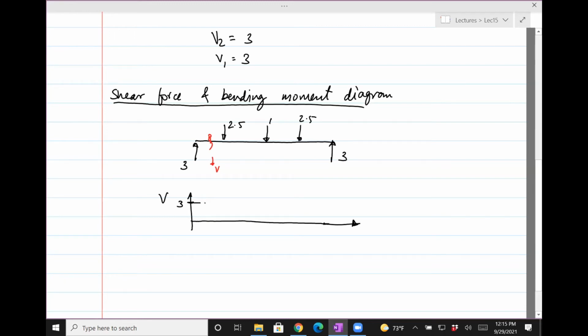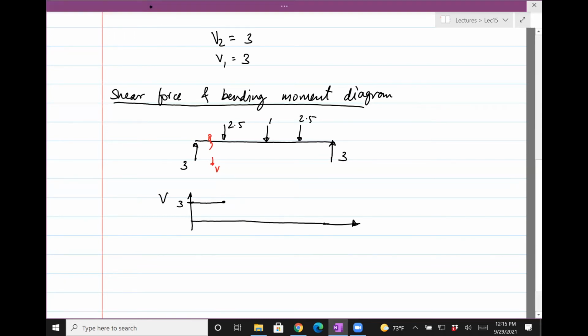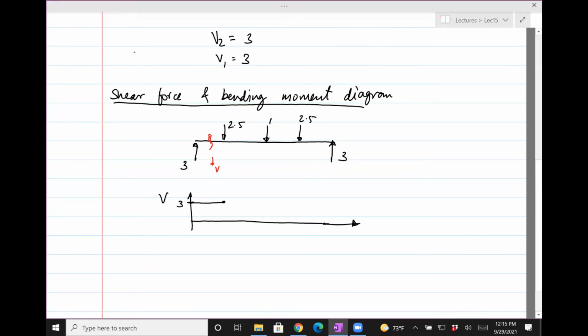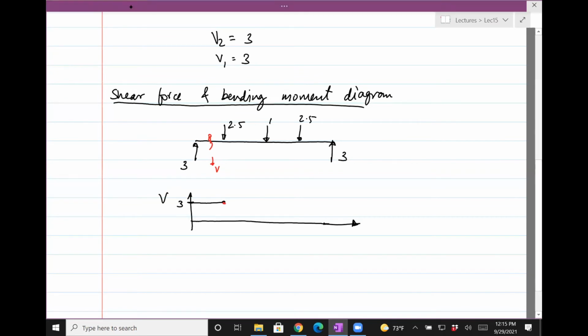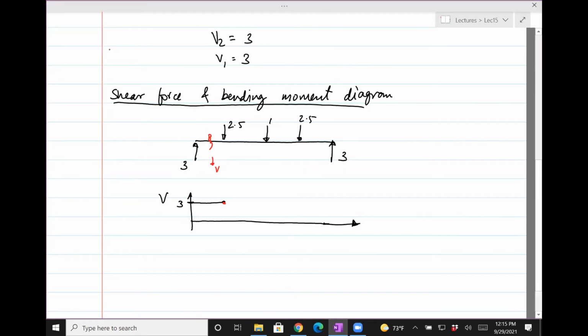So it's 3 up till here. Right when it reaches this 2.5, the effect of 2.5 downwards is going to decrease the shear force by a factor of 2.5. So 3 minus 2.5 is what I'll have over here. So it'll drop down. That's 0.5. Let's draw slightly bigger.